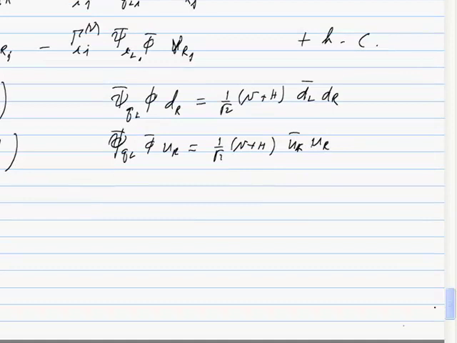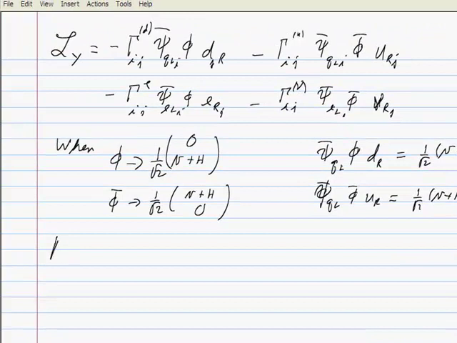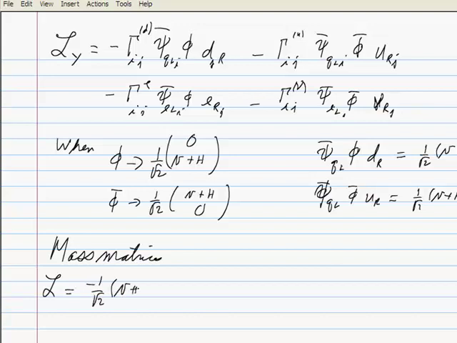So these then turn into mass matrices. L equals, well, let's take minus 1 over the square root of 2 v plus h factored out, and then it turns into D bar left gamma D. I'm now making the indices implicit by putting the gamma inside it. That's a 3 by 3 matrix there.